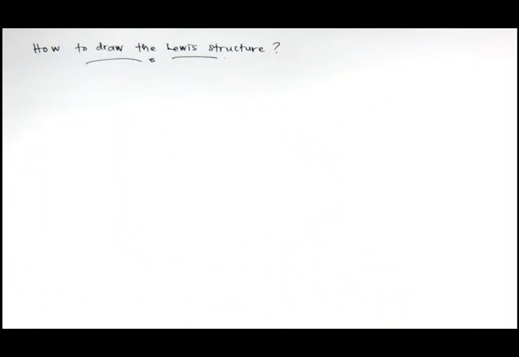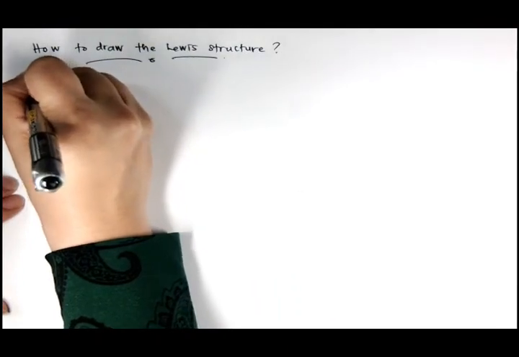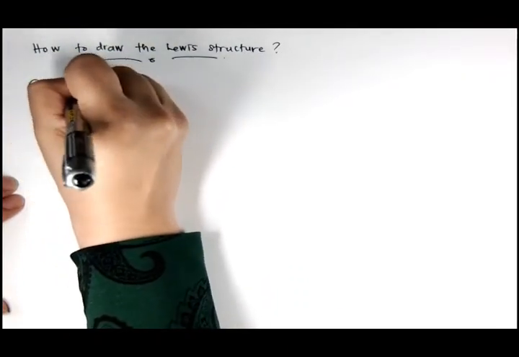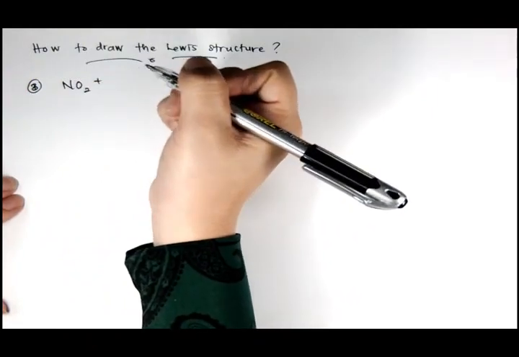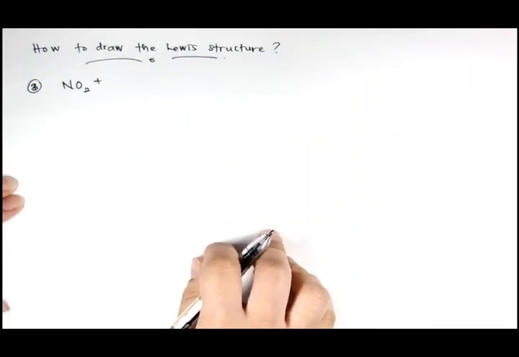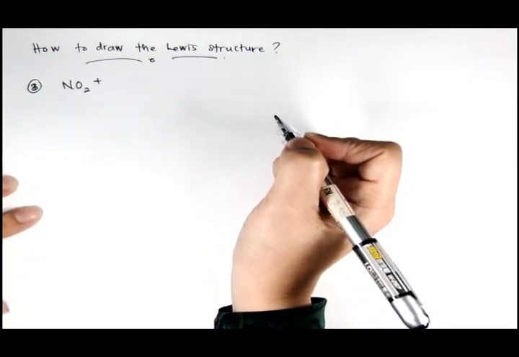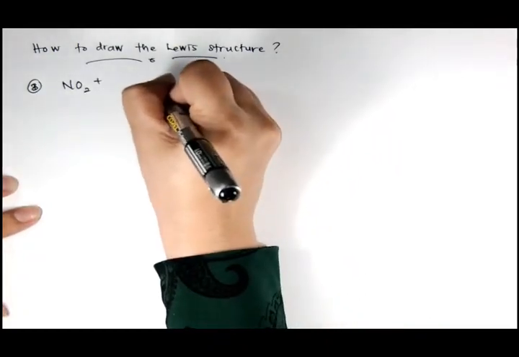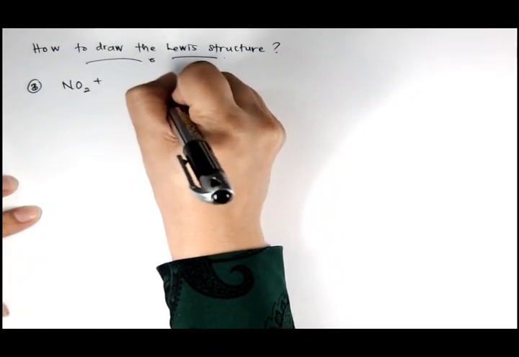Now, let's consider the next example, which is the NO2 plus ion. So the NO2 plus ion consists of nitrogen atom and oxygen atoms. The nitrogen atom is from group 15 and the oxygen atom is from group 16 with 6 valence electrons. So the first step is to count the total number of valence electrons for each atom in the molecule.